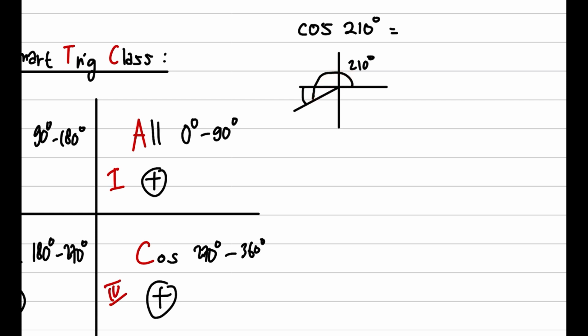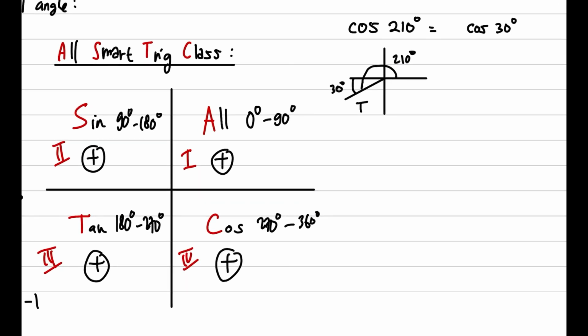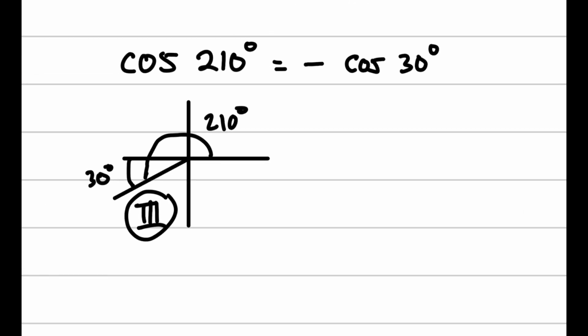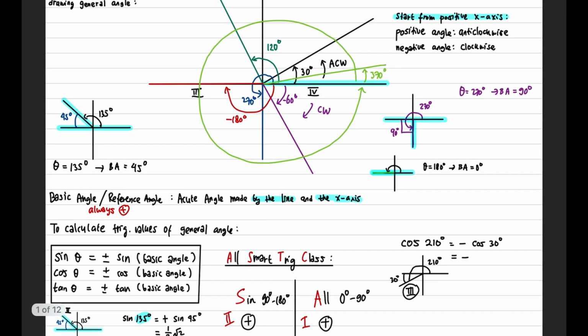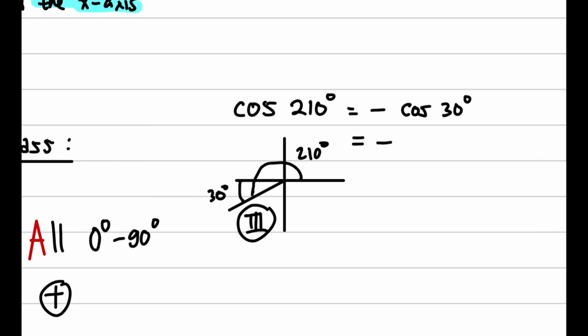You will get 30 degrees. So cosine 210 equals cosine of its basic angle, but you have to check, guys, because we have the third quadrant here, only tangent is positive, so our cosine will be negative. So it becomes minus cosine 30, which from the table is minus 1 over 2 square root of 3.